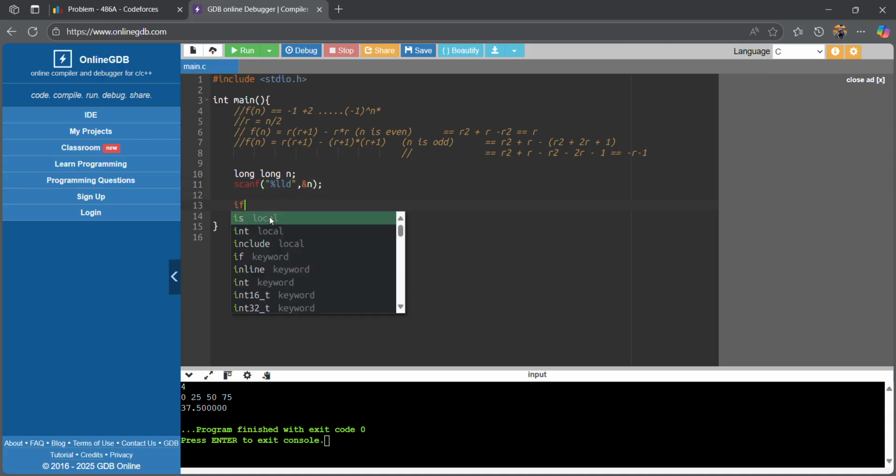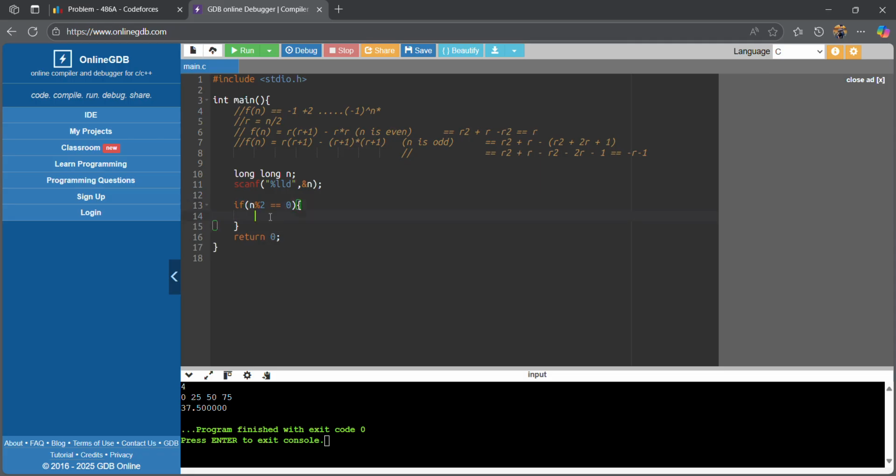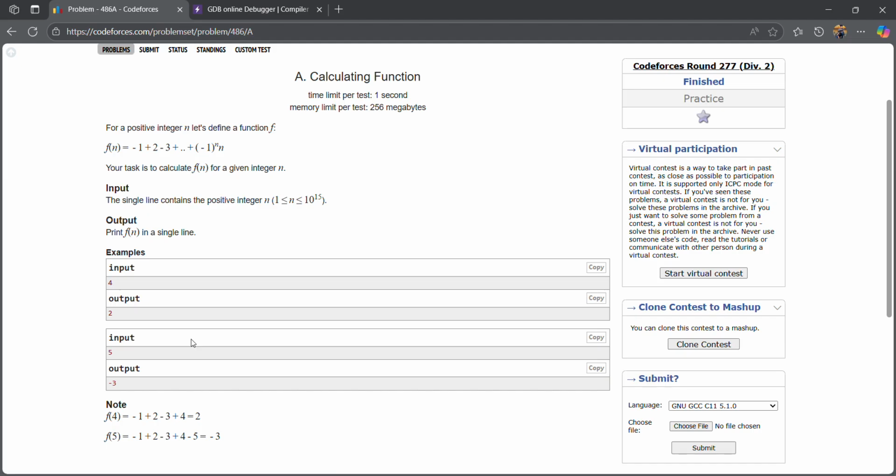Then if n modulo 2 equals 0, it means n is even. So for even we have to just print out R.